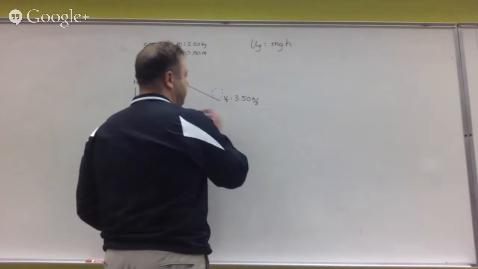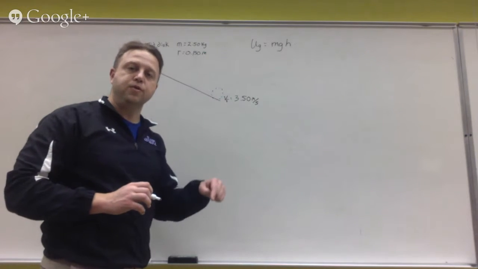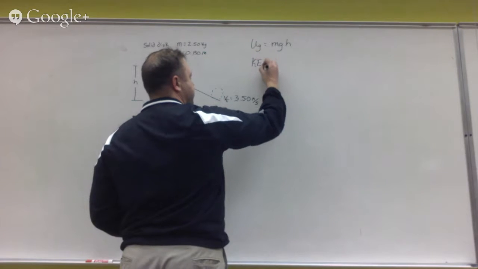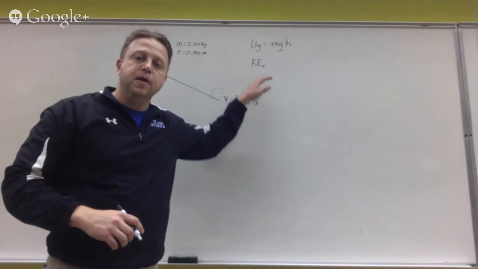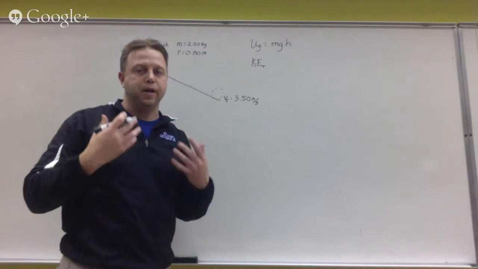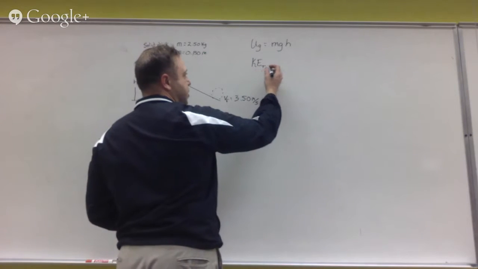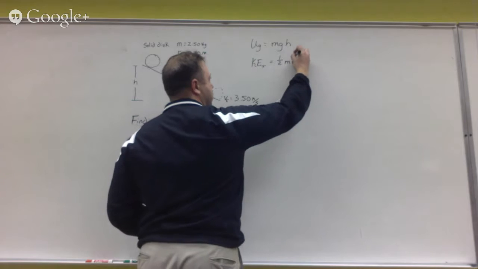At the bottom of the ramp, all of this gravitational potential energy is going to be transferred into linear kinetic energy. Now, this sometimes will be called translational, and remember, translational means energy on the tangent of the circle. We've dealt with that term a little bit. Translational energy means the same thing for us: 1/2 mv squared.